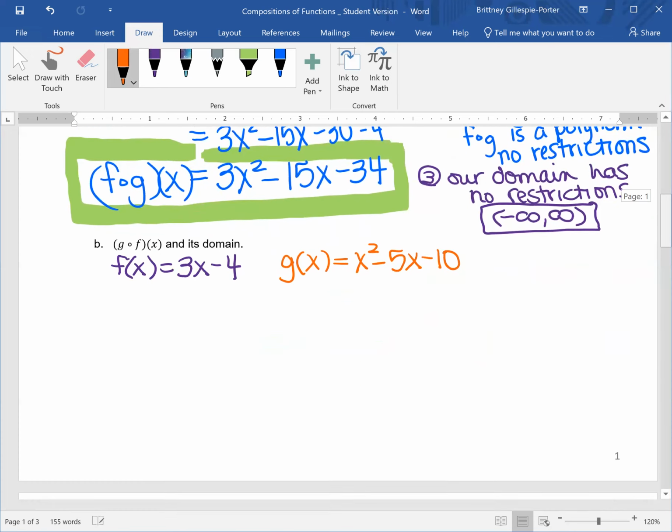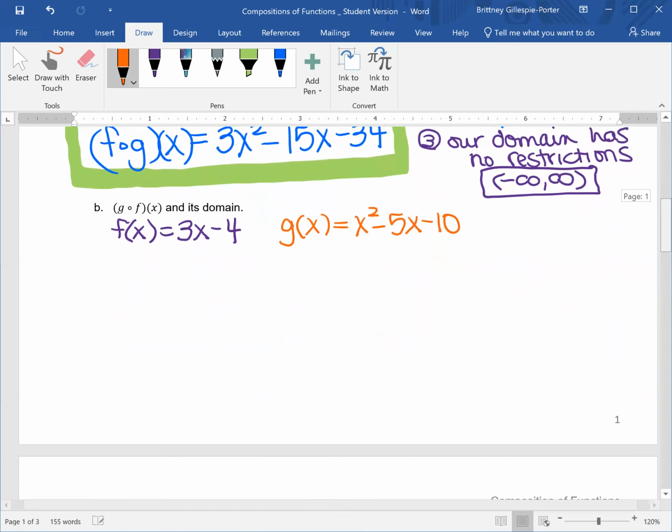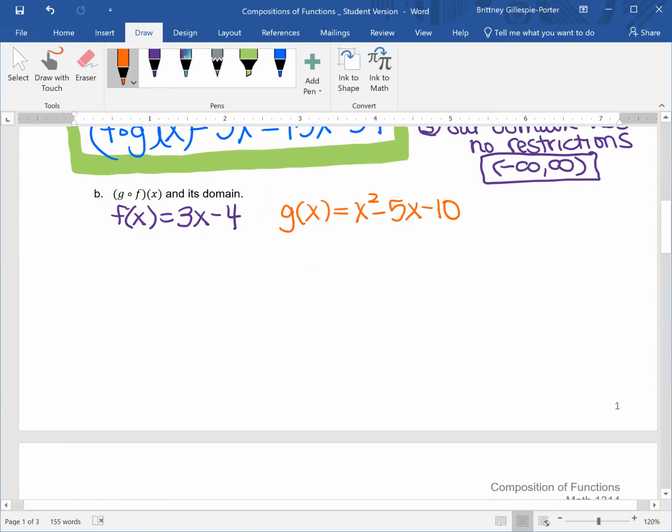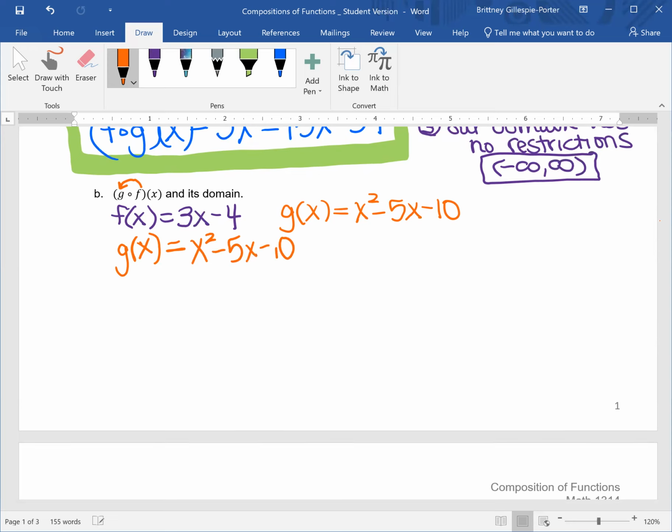This time, instead of asking for f composed with g, it's asking us for g composed with f. So we're going to be plugging f into g. We said g of x, our orange function, was equal to x squared minus 5x minus 10.